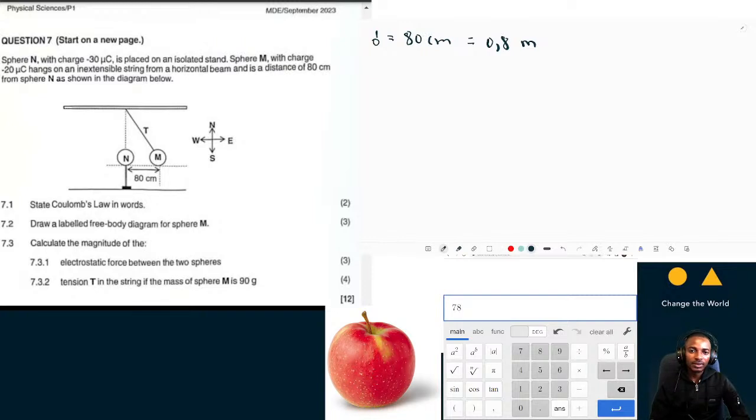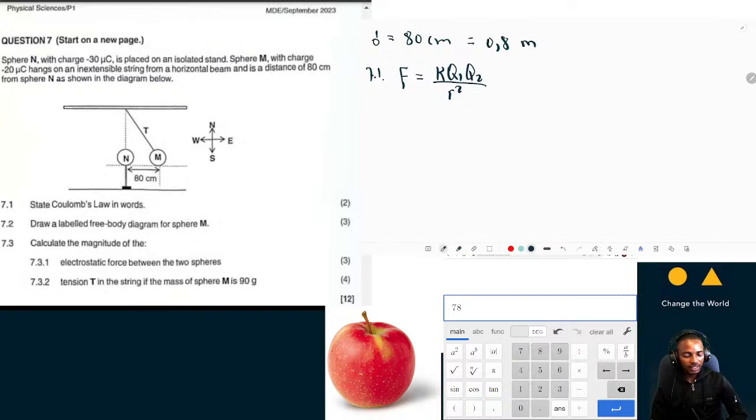All right, so now in 7.1, we need to state Coulomb's law in words. So I'm just going to first write the mathematical expression of Coulomb's law. F is equal to K Q1 Q2 over R squared.